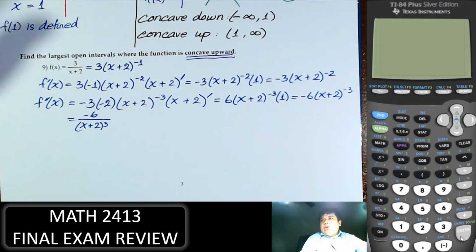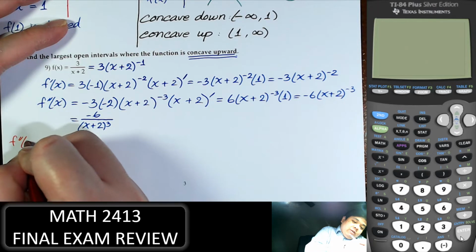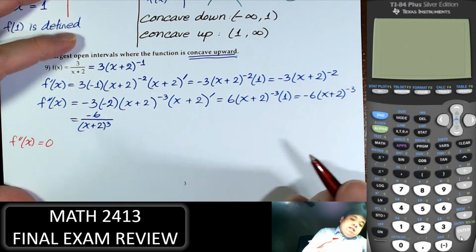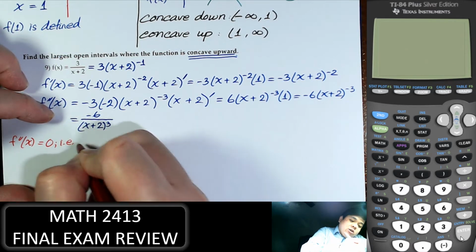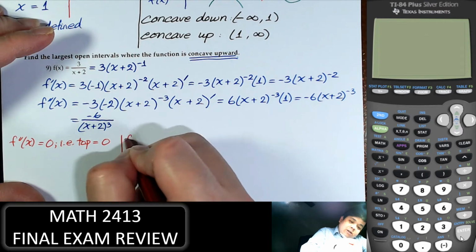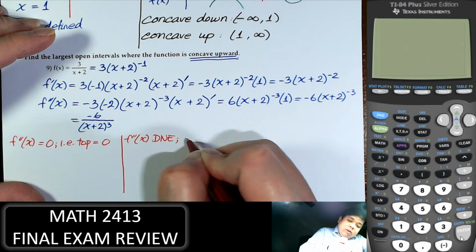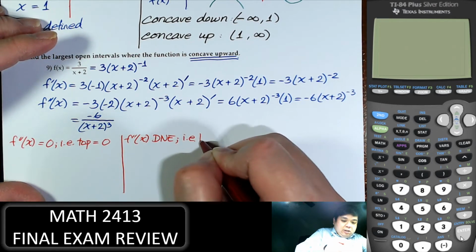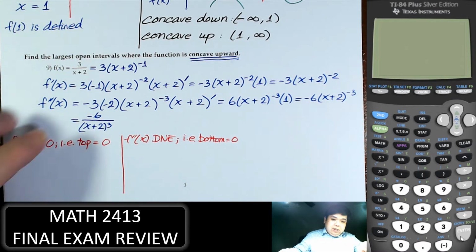Of course, you can also use the quotient rule. Second derivative equal to 0. In this case, we have a fraction, so that means the top is equal to 0, or does not exist, that's where the bottom equals 0.